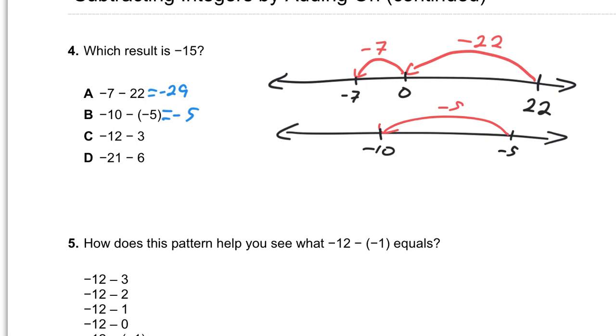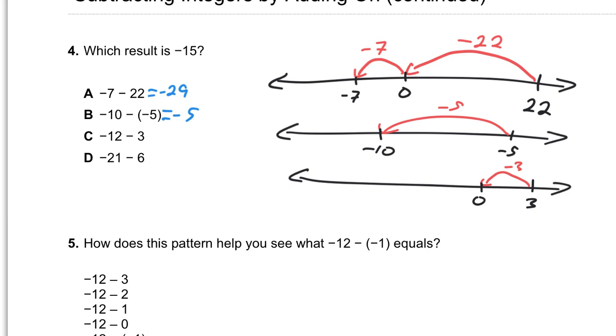The next one, if we make our number line here, we're saying how far is it from 3 to negative 12? 3 is bigger than negative 12, so let's start on the right-hand side again. Here's 3, and let's see how long it takes to get to negative 12. We're going to take a jump of negative 3 to get down to 0.